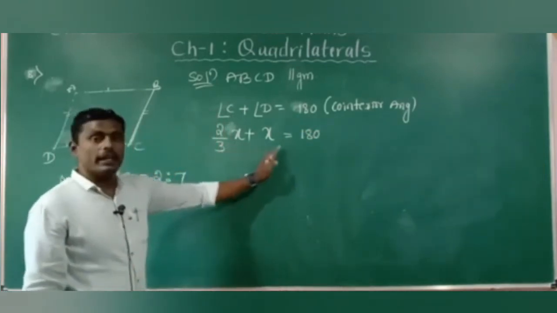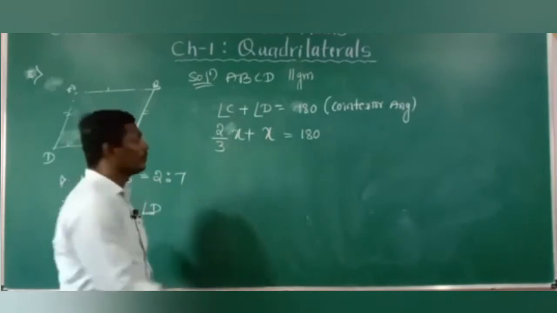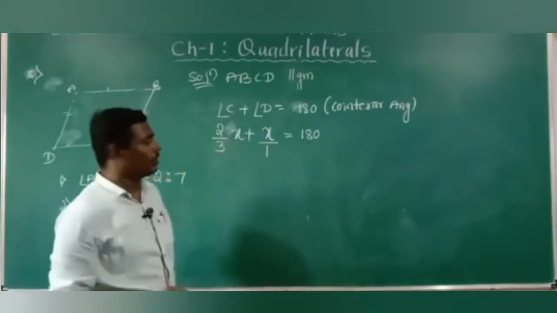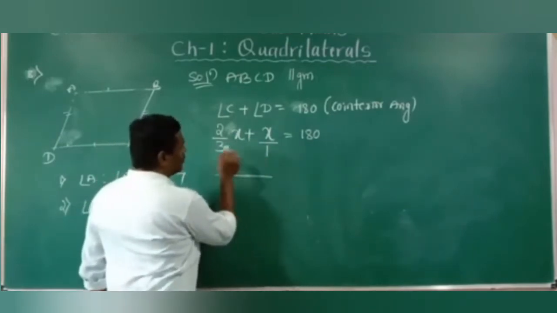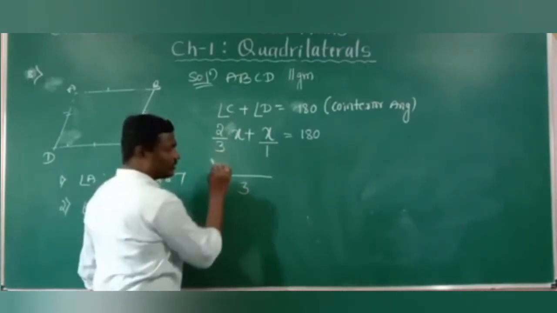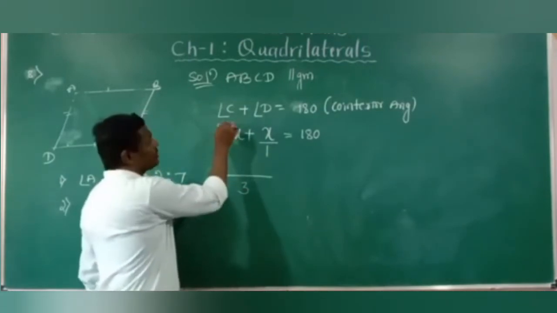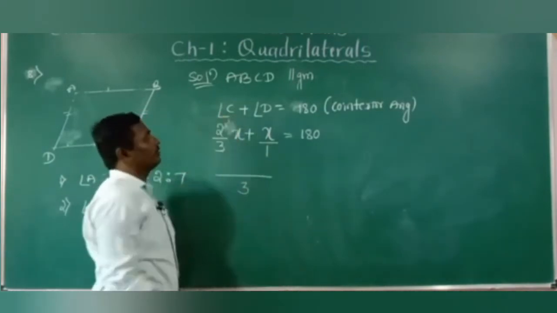Now take the LCM of these two. The denominator is always 1, right? So what is the LCM of 1 and 3? 3. In place of the denominator 3 is there, means we need to multiply 1.